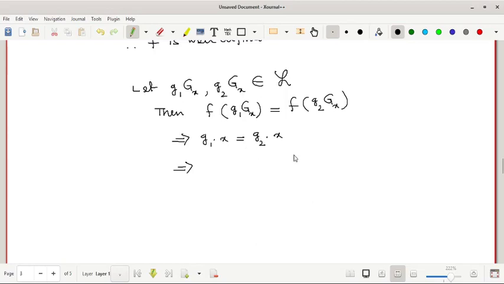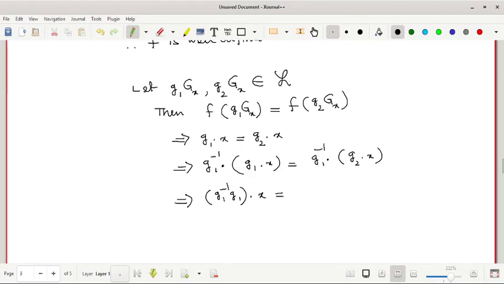So if g1 dot x is equal to g2 dot x, what happens to g1 inverse dot g1 dot x? This has to be equal to g1 inverse dot g2 dot x. This implies g1 inverse g1 dot x equal to g1 inverse g2 dot x.